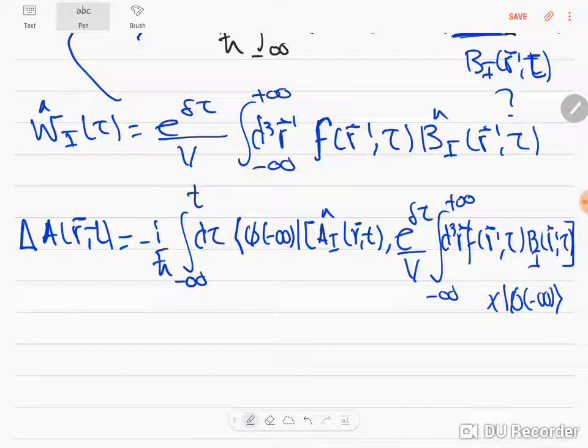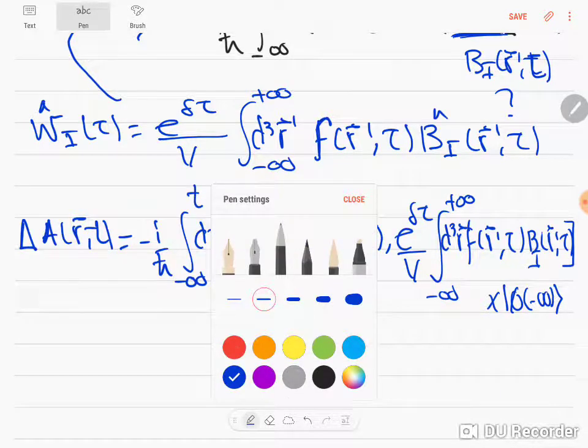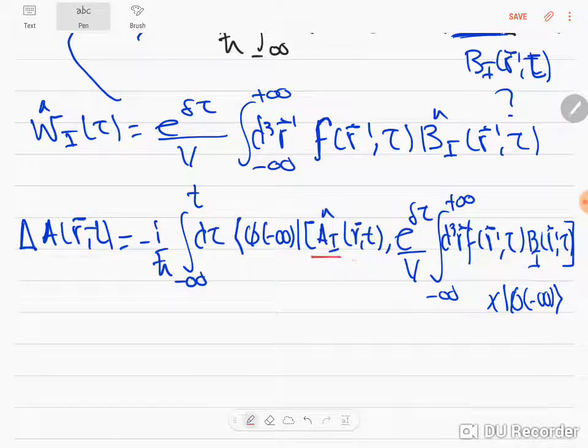Now I want to do the following. I can of course remove the integral outside the expectation value, the commutator. So the commutator at the end will only be calculated between these two operators, A sub I and B sub I, because everything else is a scalar.